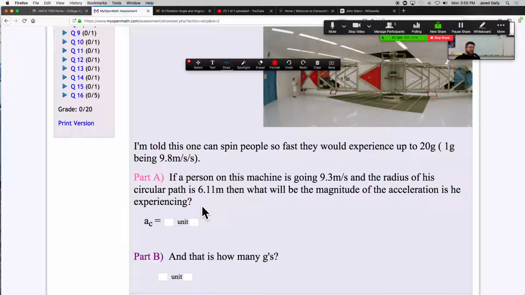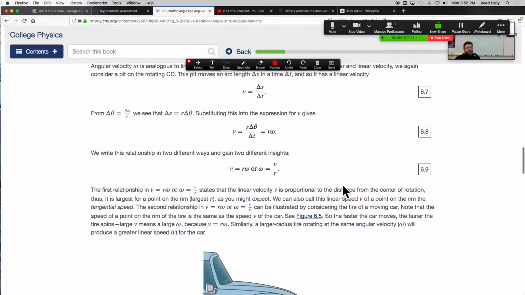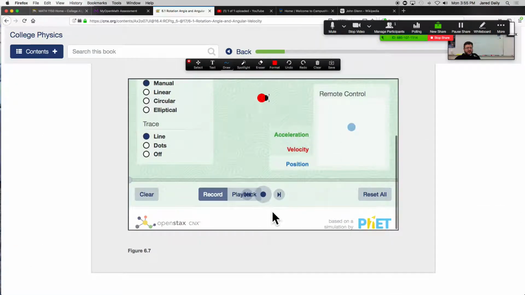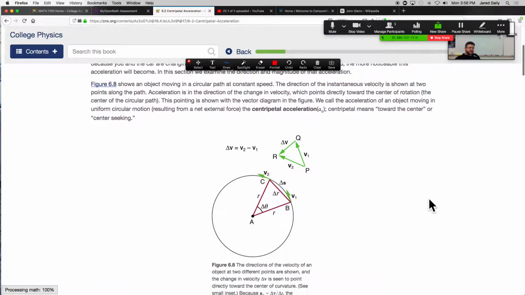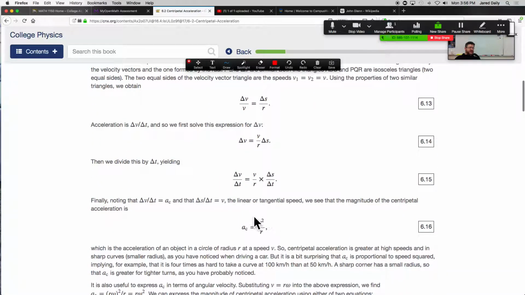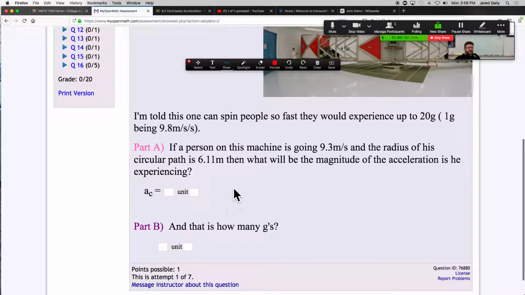But we can also calculate the centripetal acceleration, because there's one more thing they tell us in this chapter, right here in the next section, when they talk about what kind of acceleration causes things to move in circles. And that is the centripetal acceleration. If you have the tangential velocity and the radius, you square the velocity, divide by the radius, and that gives you your centripetal acceleration.